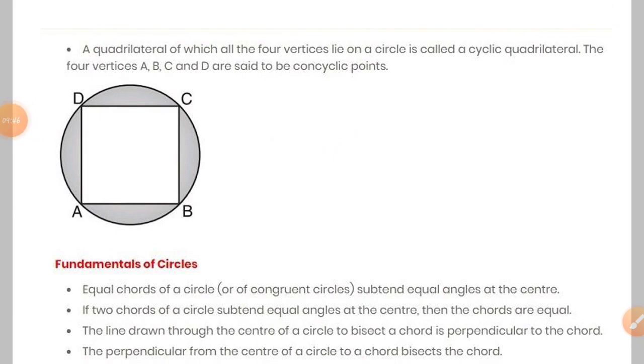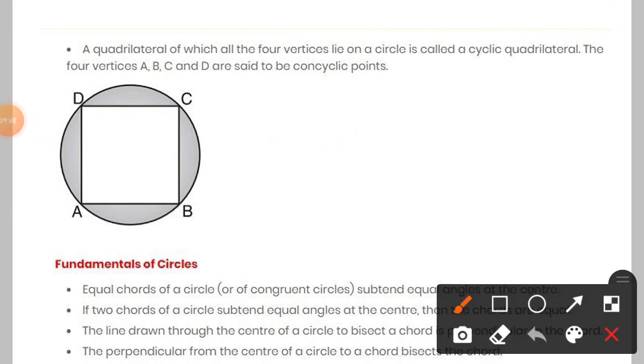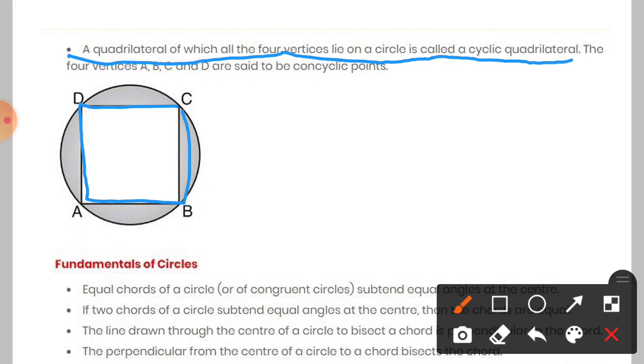Next, suppose there are 4 points on a circle and we join them. We know that 4 points make a quadrilateral. So a quadrilateral of which all 4 vertices lie on a circle is called a cyclic quadrilateral. What is the name of this quadrilateral?